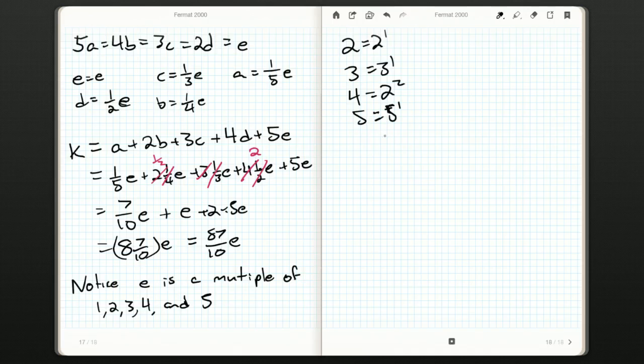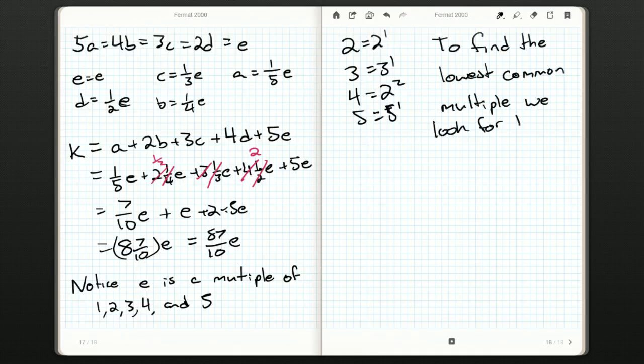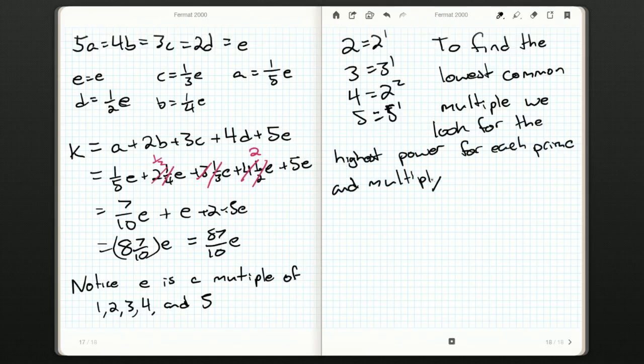So if we want the lowest common multiple, we look at each prime in turn and find the highest exponent, and then we multiply them all together.